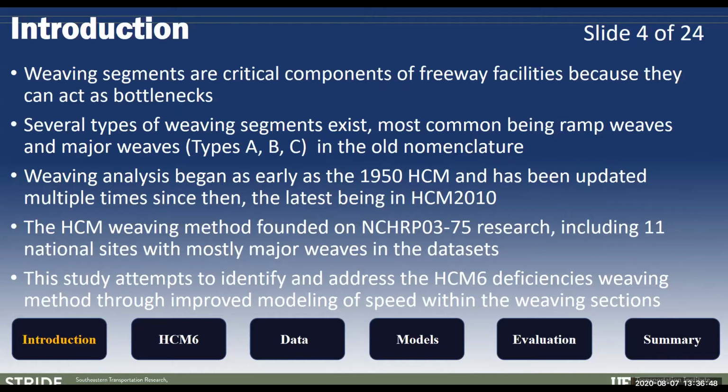Most of them were major weaves in the data set. So as part of this study, we try to identify and address some of the deficiencies in the weaving method through improved modeling and simplification.